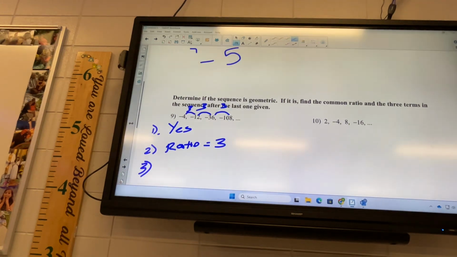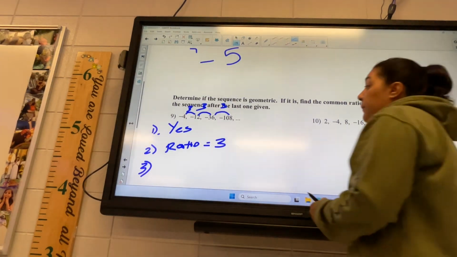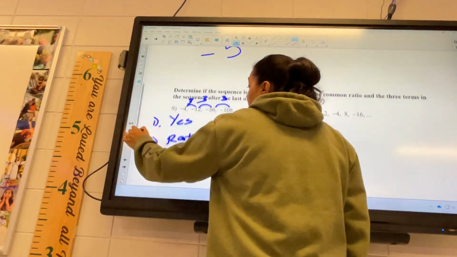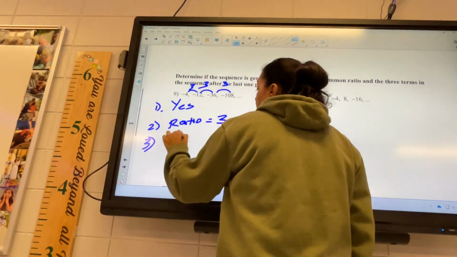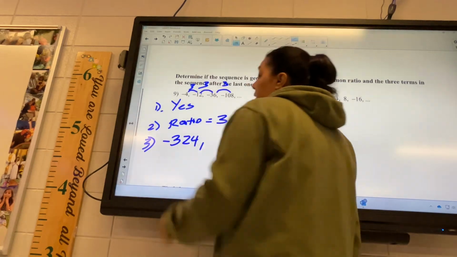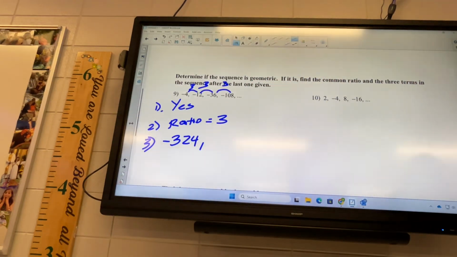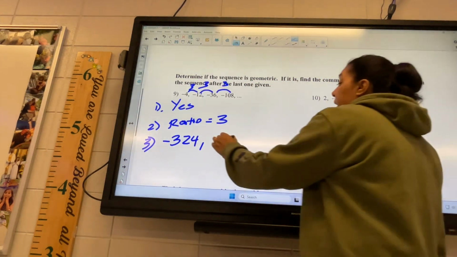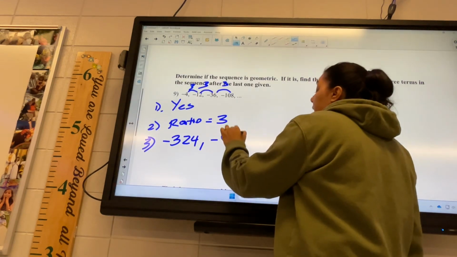And then part 3 is to find the next 3 terms. So you're going to say negative 108 times what? Times 3. And what is that? 324. Okay, so you're going to say negative 324 times 3. Negative 972.